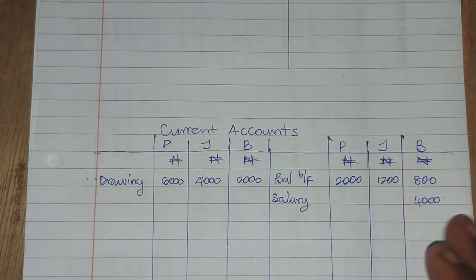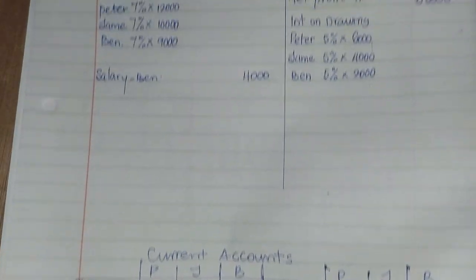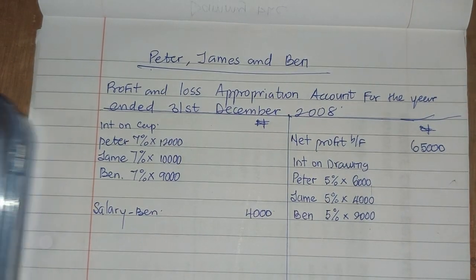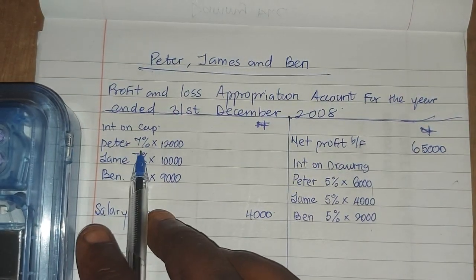The next thing is to pick up our calculator. Then you start with the appropriation. You take 7% of this.